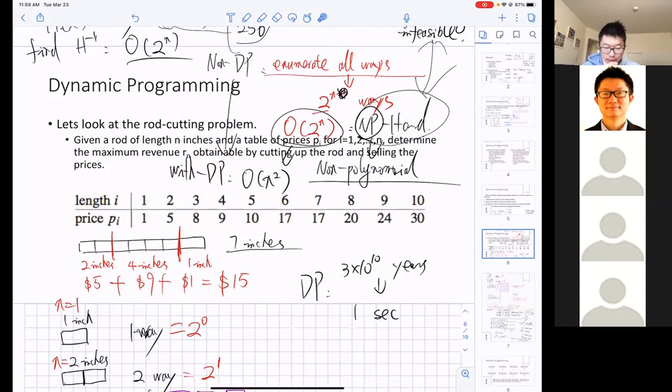And again, any question for me regarding the NP hard complexity? No questions. Okay, cool.